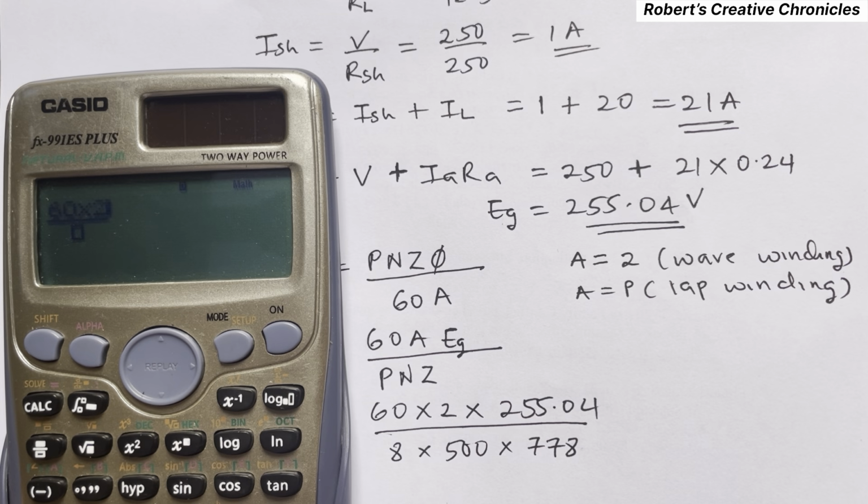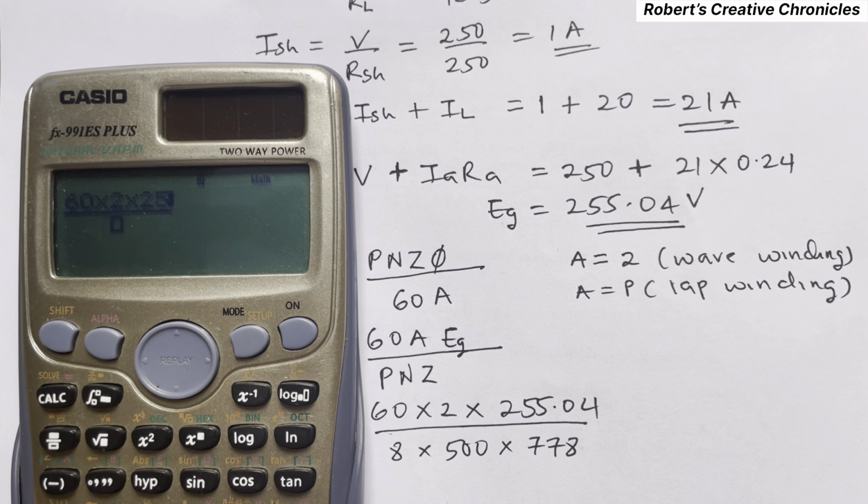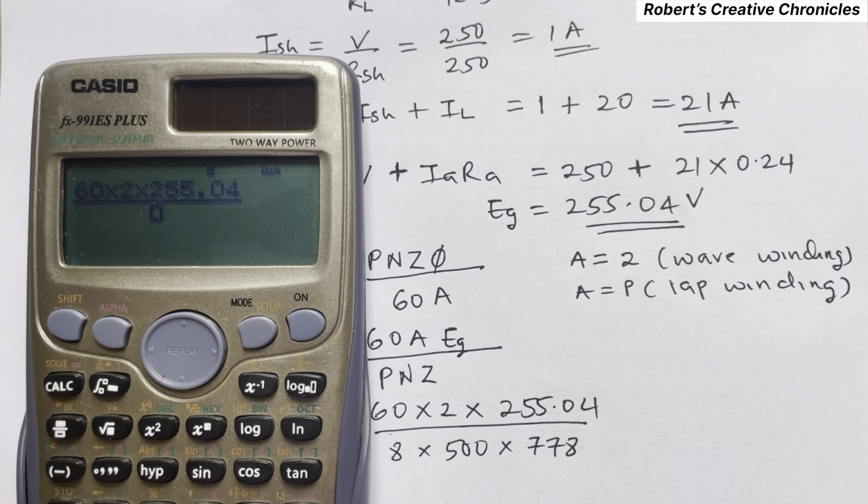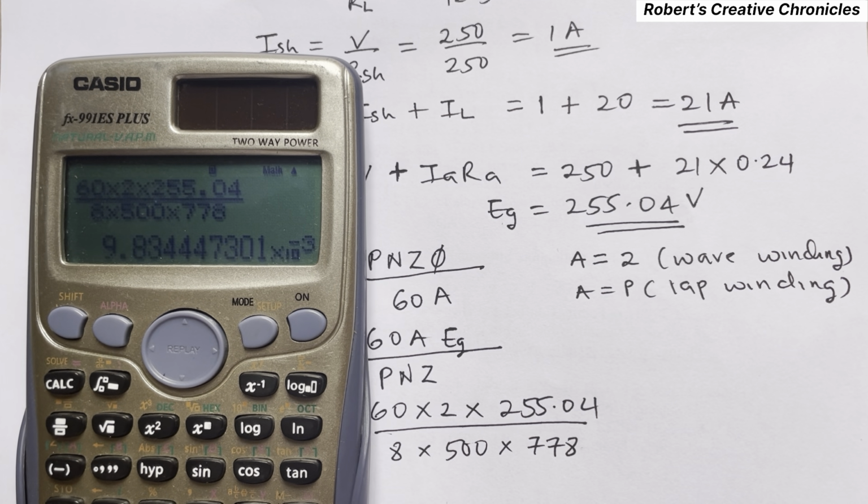So 60 times 2 times 255.04 divided by 8 times 500 times 778. This is 9.834 times 10 raised to the power of 3.